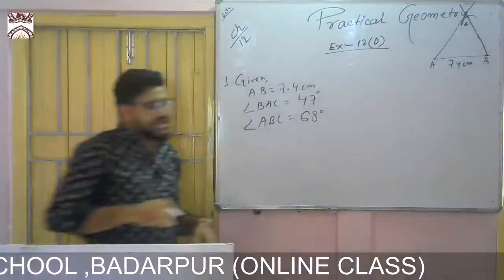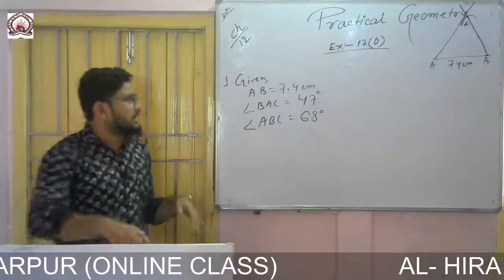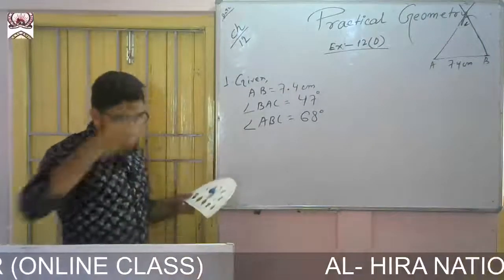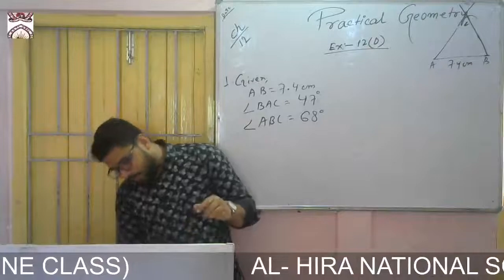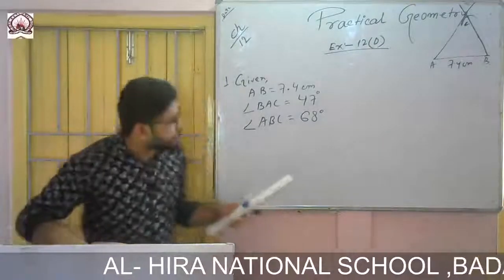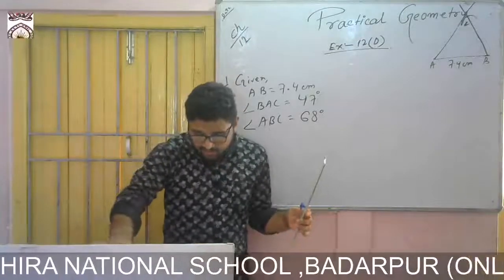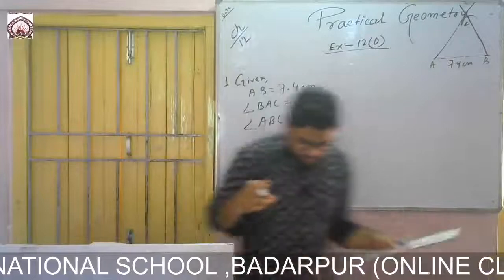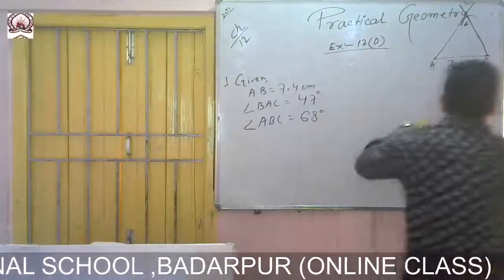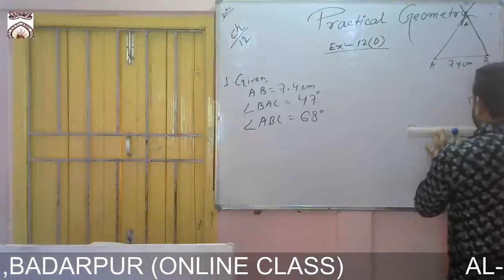Now let us start constructing the triangles. With the help of your ruler, first you draw line segment AB equals 7.4 centimeter. So take this one, 7.4 centimeter.